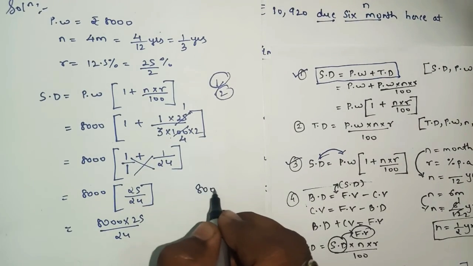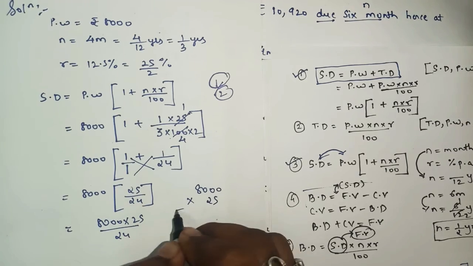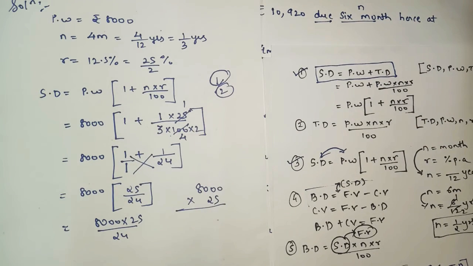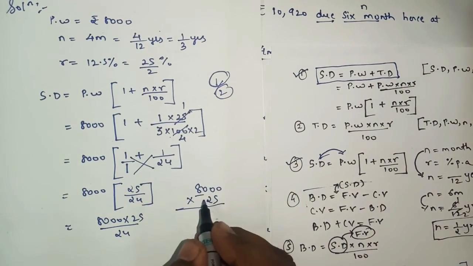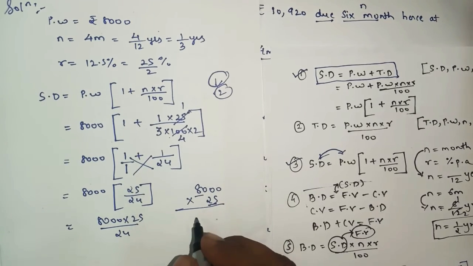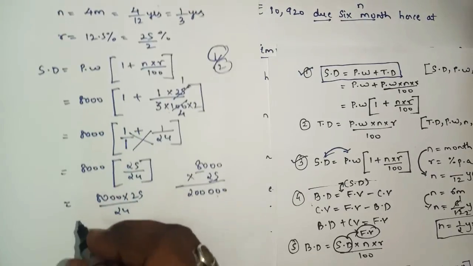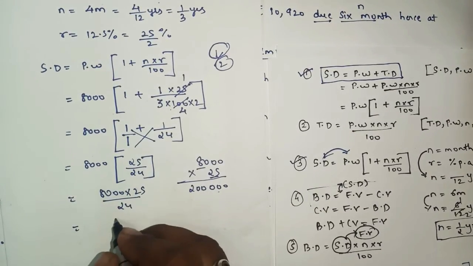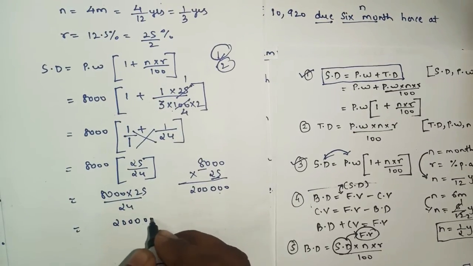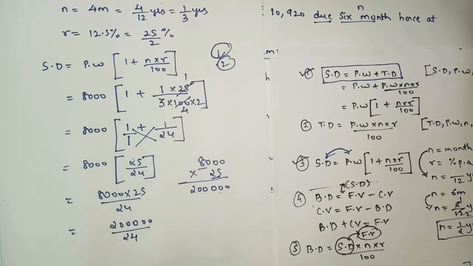Simply multiply 8,000 with 25. So 25 eights are 200, and this 3 will come. So 8,000 into 25, here you will get 2 lakh divided by 24.